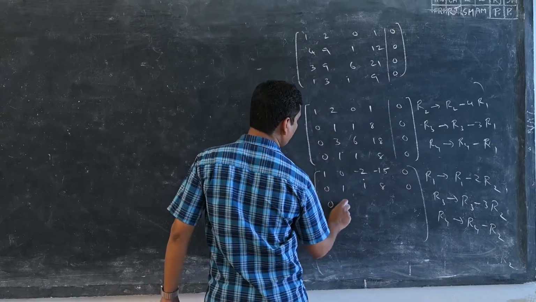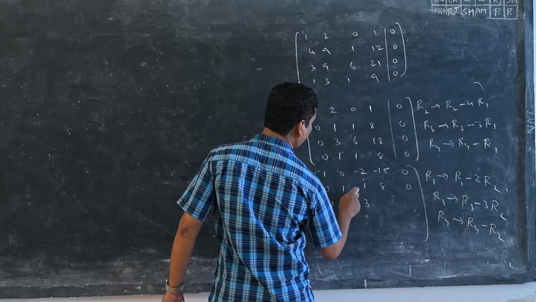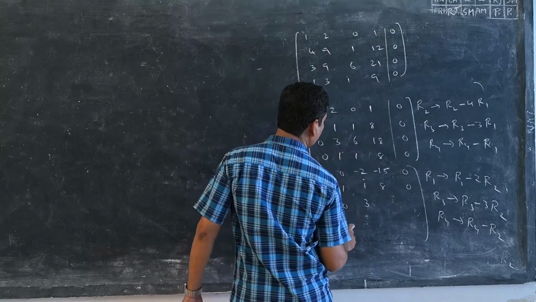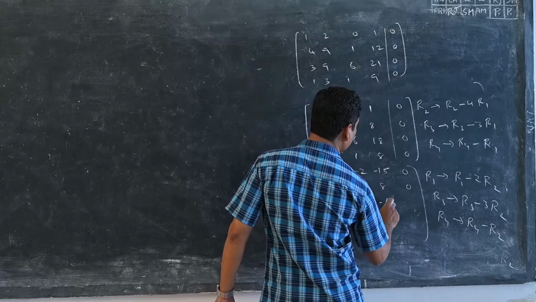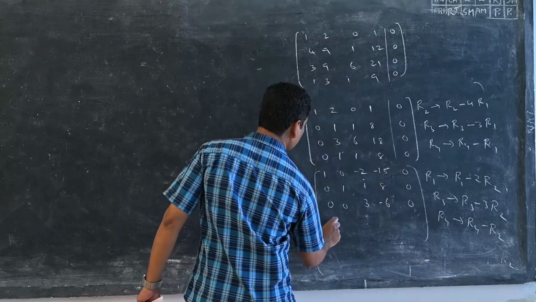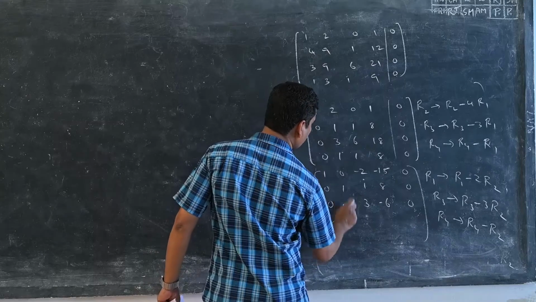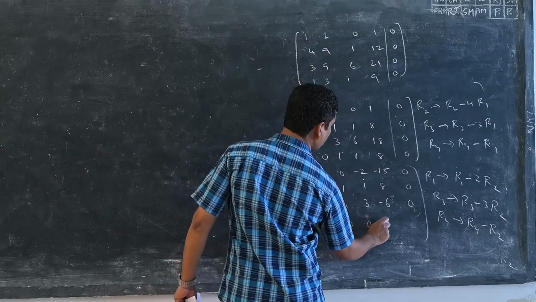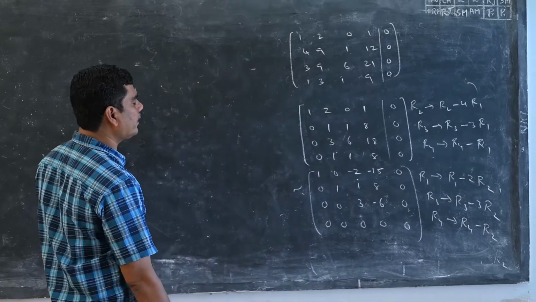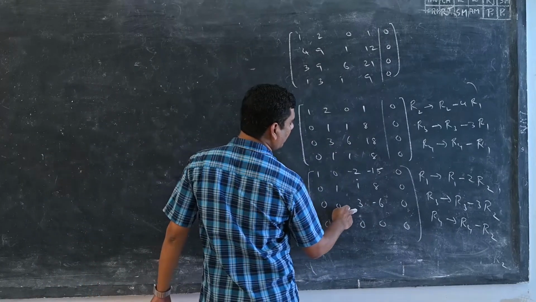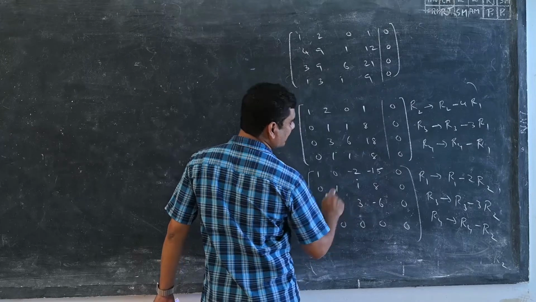0. 3 minus 3 into 1. 6 minus 3. 18 minus 3 into 8, 18 minus 24, minus 6. 0. 1 minus 1, 0. 1 minus 1, 0. 8 minus 8, 0. Now we come to the third row, make the first non-zero element 1.